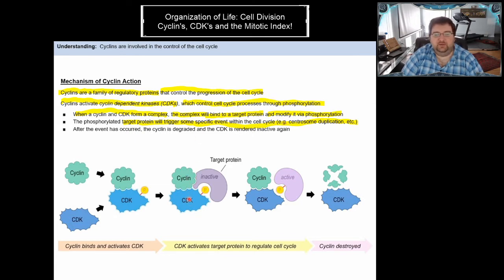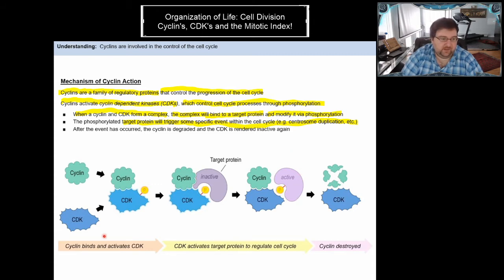So this active cyclin-CDK complex, with that extra phosphate group, is going to target an inactive protein sitting in the cell and activate it by phosphorylating it. It transfers that phosphate to the protein. This active protein is now going to go on in the cell and trigger that special cell cycle event that its purpose is to initiate.